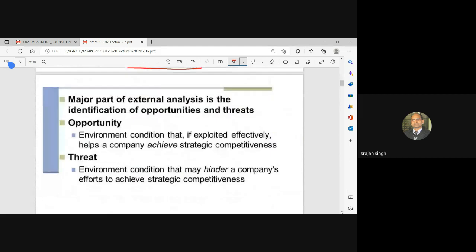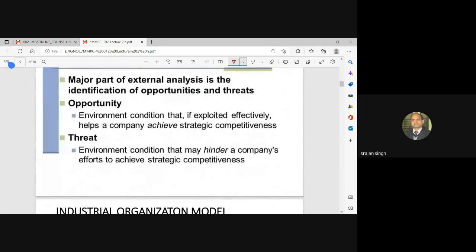A major part of external analysis is the identification of opportunities and threats. We have already discussed opportunity and threats in the last class, so we'll go through it quickly. Opportunity: an environment condition that, if exploited, means if used effectively, helps a company achieve strategic competitiveness. Threat must be just opposite to it. Threat: an environment condition that may hinder a company's efforts to achieve strategic competitiveness.